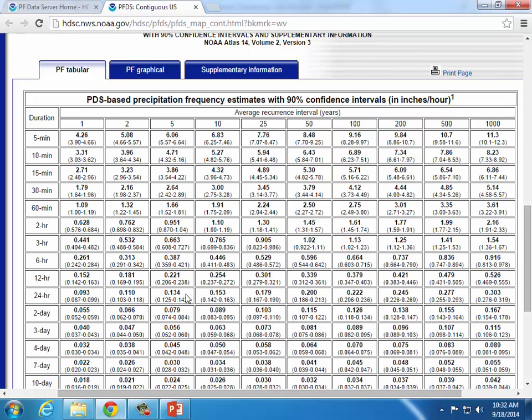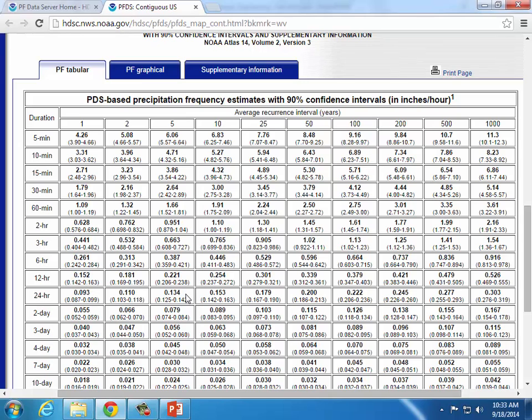The depth will be 0.134 inches per hour, which is the average over that 24-hour storm, times 24 hours. Can somebody with a calculator tell me what is the product of those two? 3.216 inches during the 24 hours. Now this one's easy. If it's a 1-hour storm, the intensity of 1.66 inches per hour, the depth is going to be 1.66 inches. Okay?